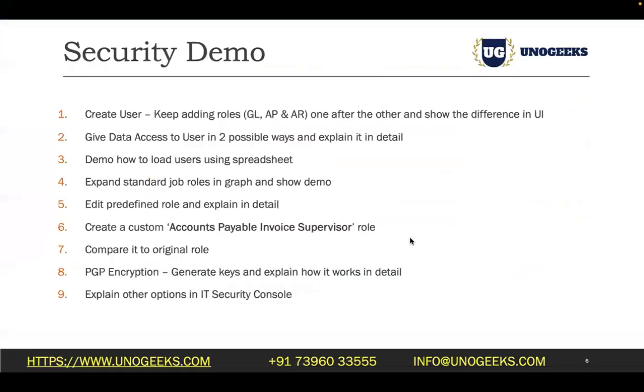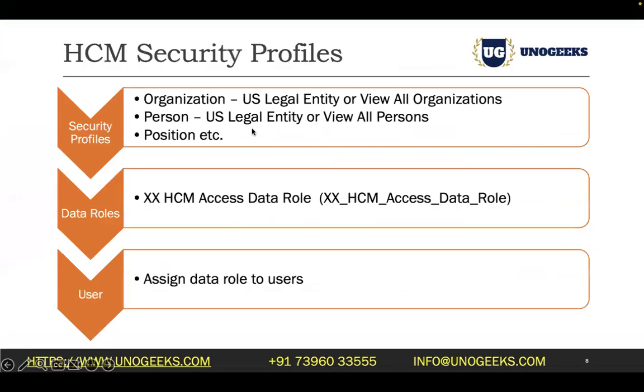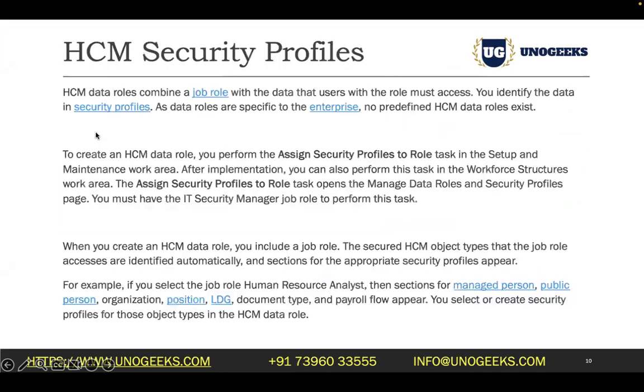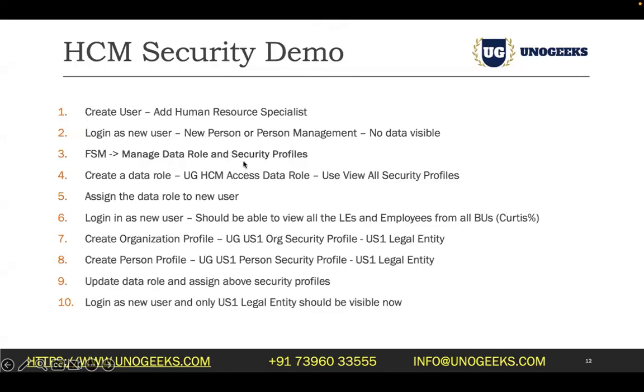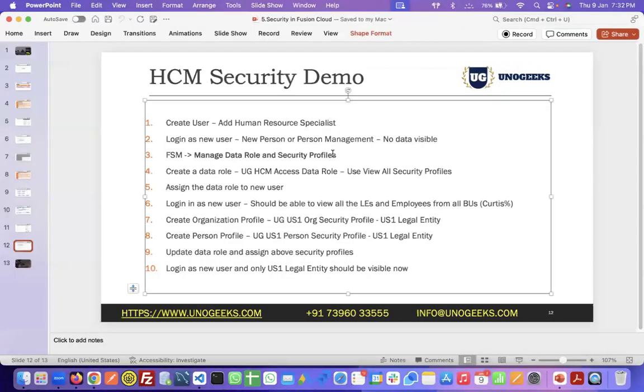In HCM, you would be creating a security profile. You have to go into this particular task. You need to go to Functional Setup Manager and search for the task called Manage Data Role and Security Profiles. And you need to create an explicit data role by going into this task.